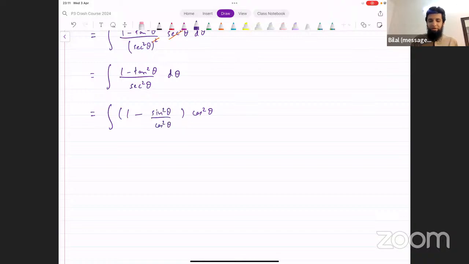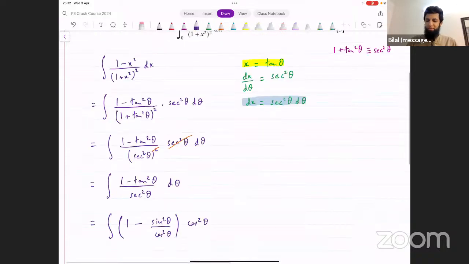We have converted everything to sine and cos now. Instead of secant square, I've taken it to the numerator. The reciprocal of secant is cos, so it becomes cos square theta. Now everything is in terms of sine and cos.